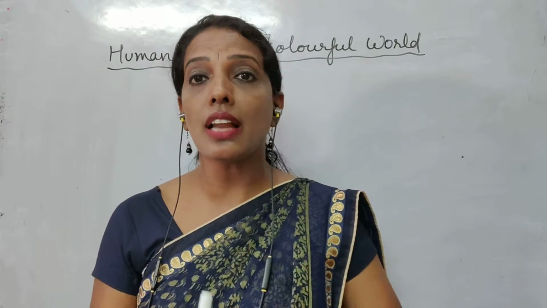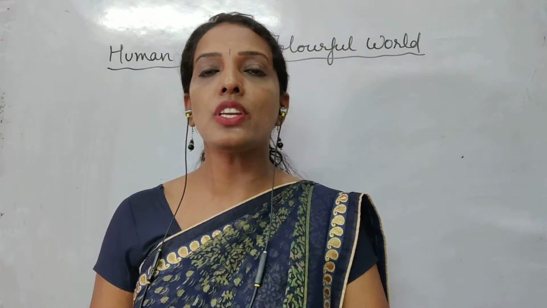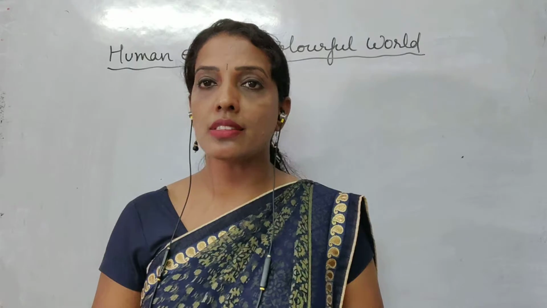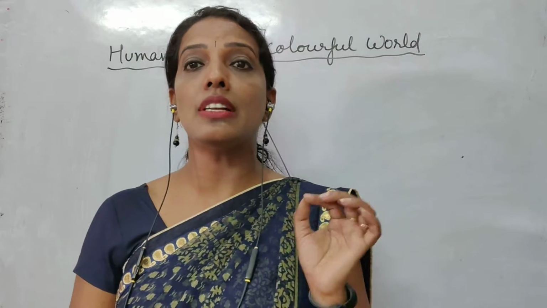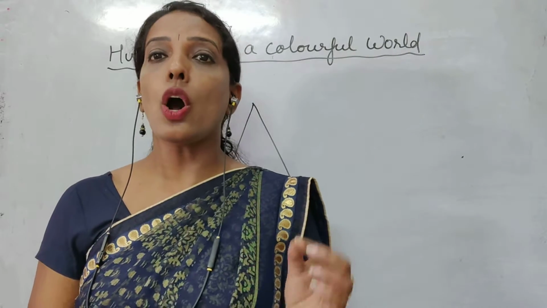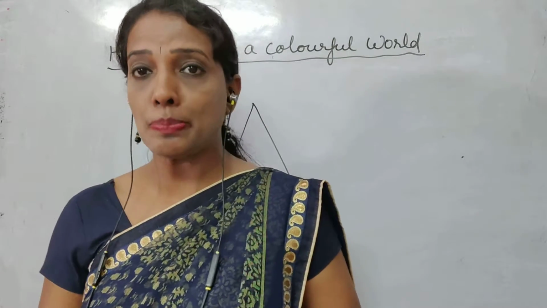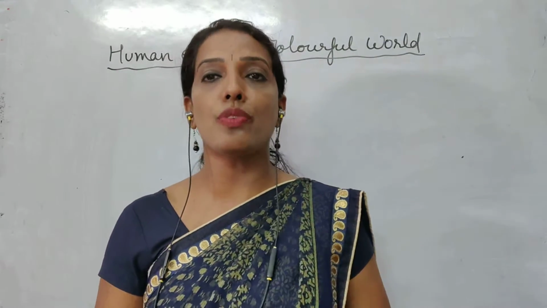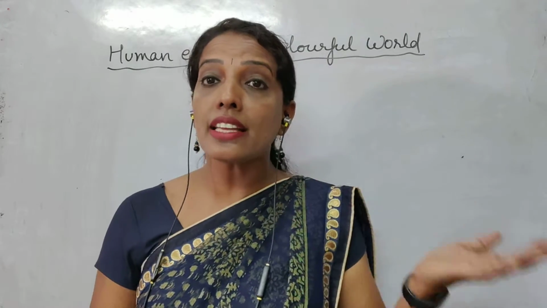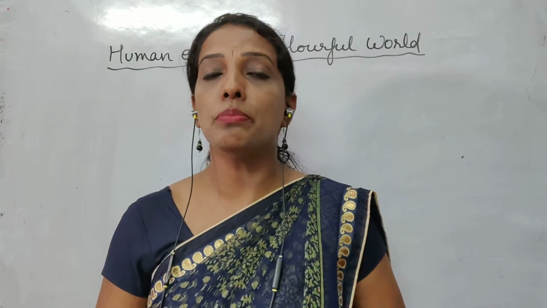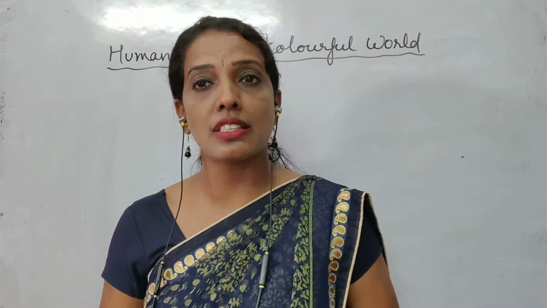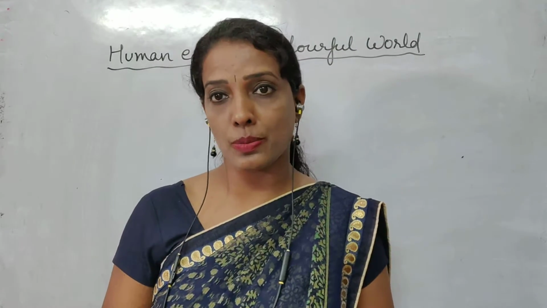A triangular glass prism is a transparent object made of glass having two triangular bases and three rectangular lateral surfaces. The opposite sides of a triangular prism are not parallel to one another. They are inclined at an angle to one another. The angle between its opposite faces is called the angle of the prism.